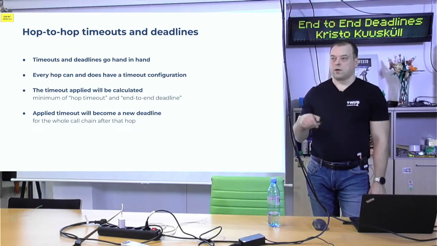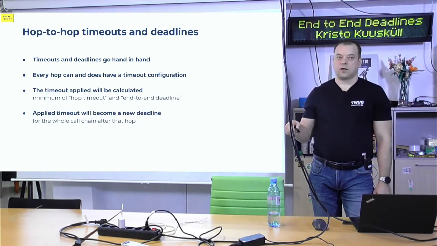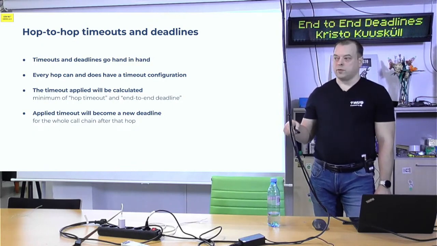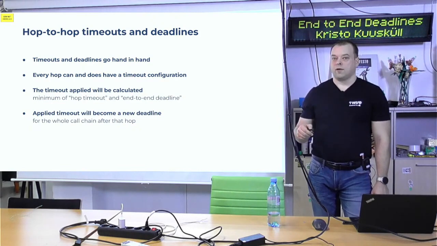With the database example, if you had an end-to-end deadline of 15 seconds, but you are doing a simple database query which you know has to finish in 1 second, and it typically takes 2 milliseconds, you actually want, for resource protection, a 1 second timeout for that query, not 15 seconds from the deadline, right?